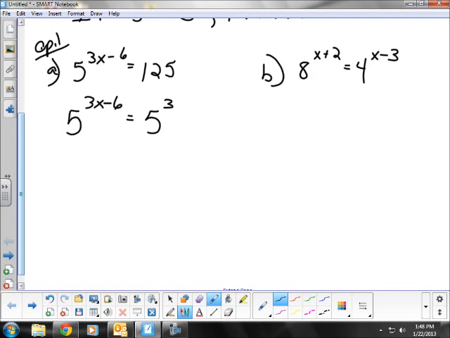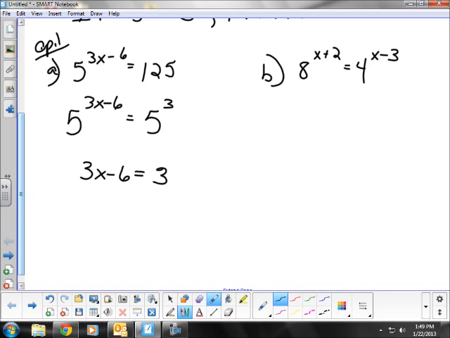The exponents are equal. So I can say this is a true statement if and only if 3x minus 6 is equal to 3. It's the only way it works, right? Same bases, so my exponents have to be the same for this to be a true statement.